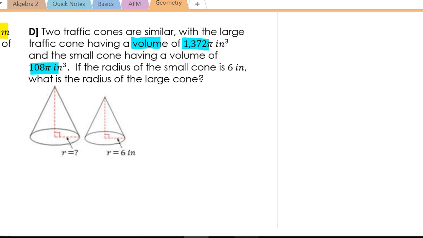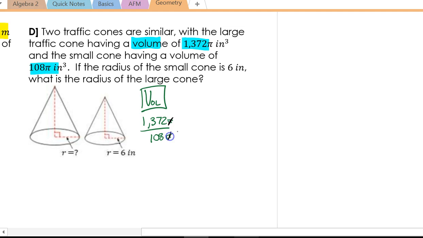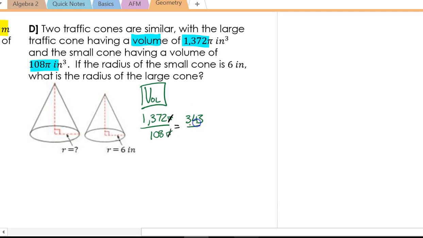Go ahead and set that up, which we want to actually reduce. Here we can divide out the pi's and reduce this down. We get 343 over 27.